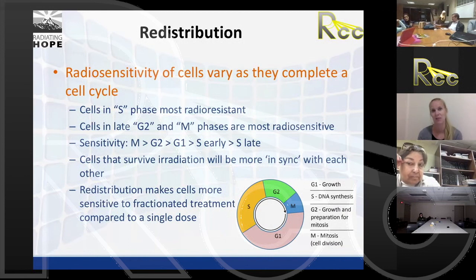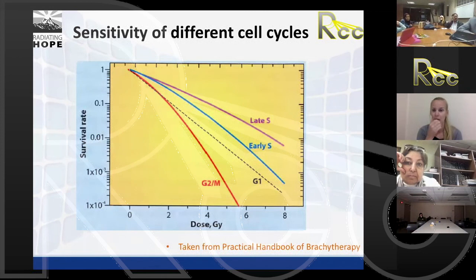Again, that's where fractionation comes into play. By irradiating more than once, we're more likely to catch those cells in a radiosensitive phase of their cycle as well. So redistribution will make the cells more sensitive to fractionated treatment compared to a single dose. That's where our fractionation schedule is useful in killing the cells.